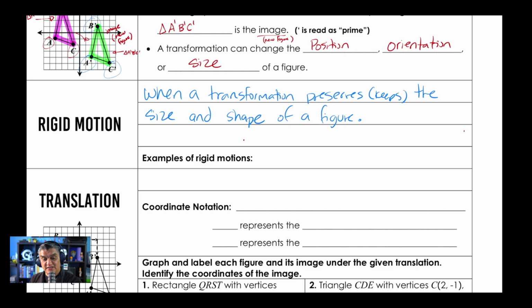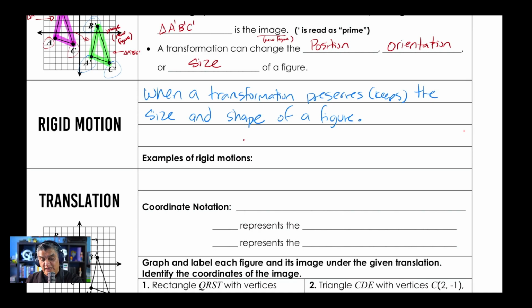You don't change the size and the shape of the figure that you're moving. So when I move it from left to right, when I move the position, it stays the same size, stays the same shape. When I do an orientation move, it's still the same size and same shape. It's just facing different ways. Okay. When I do this, it's the same. Okay. So those are all rigid motions.